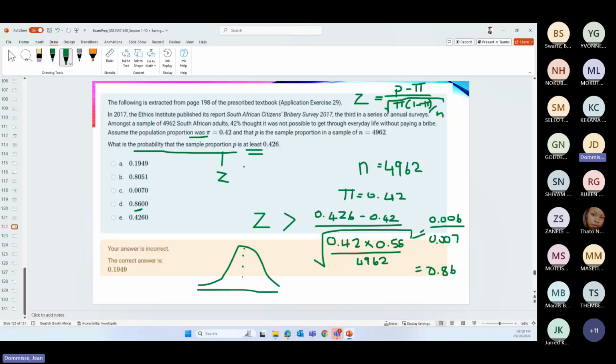Then we will need to get to this area that is bigger than 0.86. For me, the easiest would be, because of symmetry, I know that minus 0.86 will be the same size. So I will go to the negative table and look at minus 0.86.